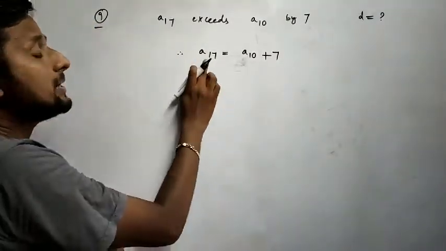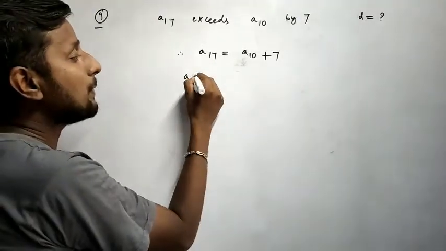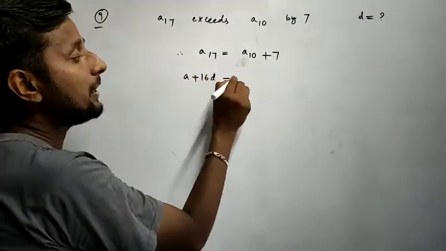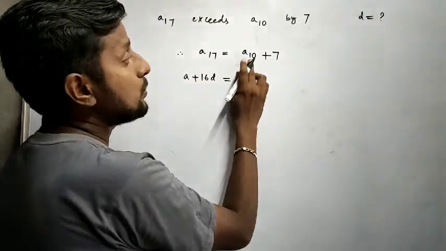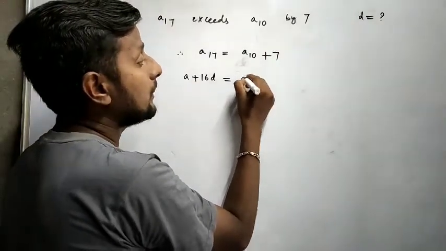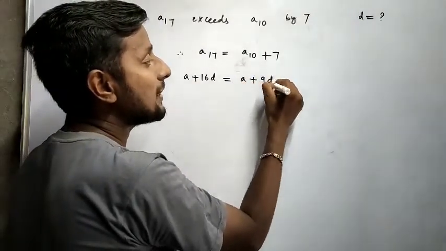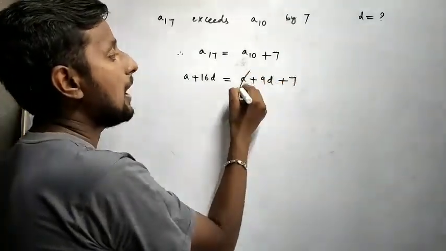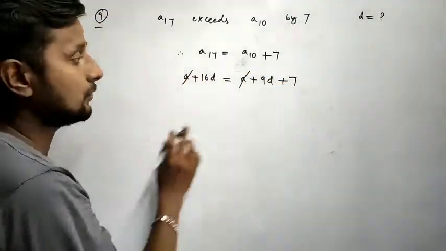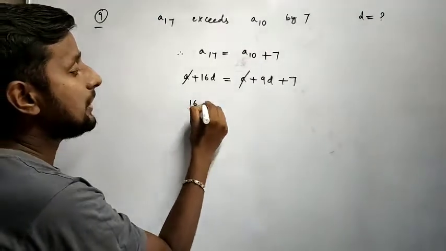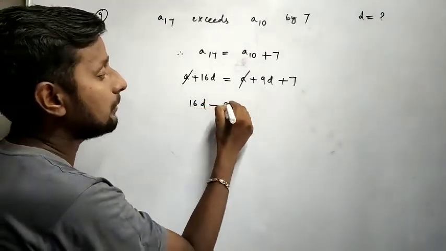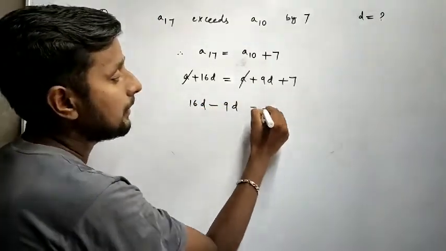Okay. So A17 we write as A plus 16D. Am I right? A10 we write as A plus 9D plus 7, and A gets cancelled. So here 16D, the plus 9D will become minus 9D, then 7.